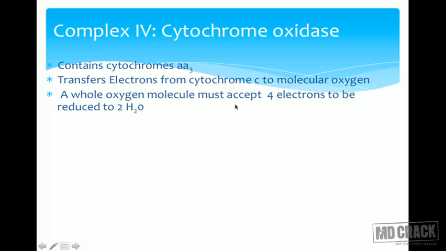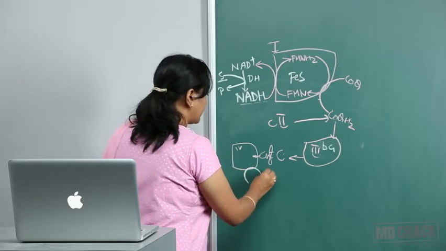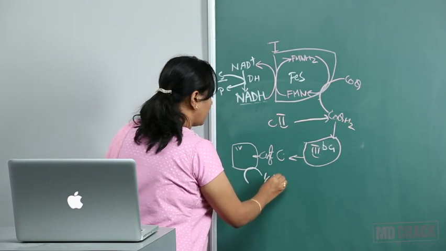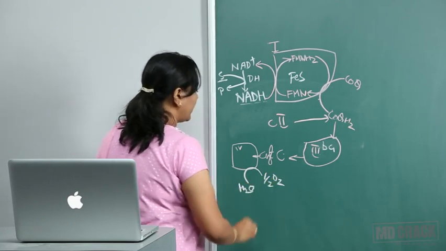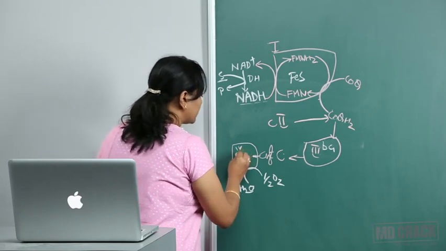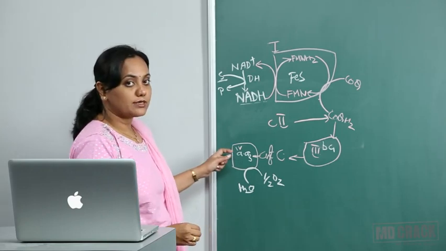A whole oxygen molecule must accept 4 electrons to be reduced to 2 H2O, so that is the way it can be balanced. To tell it simply, we usually write it as half O2 to form H2O. It has cytochromes A and A3 and iron sulfur, and it is also copper containing.